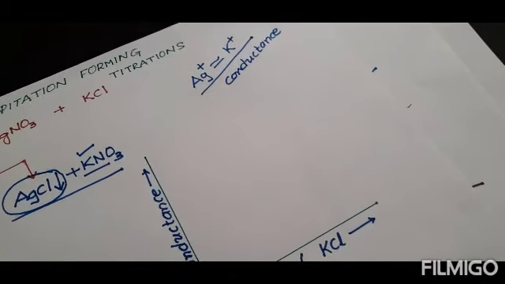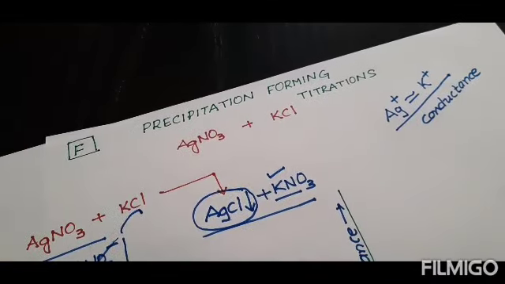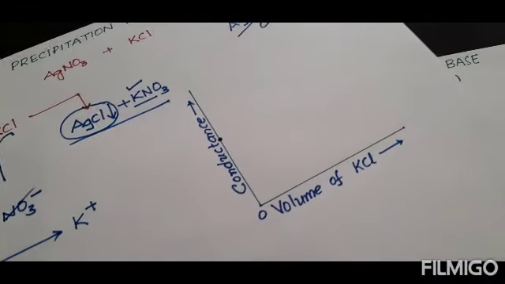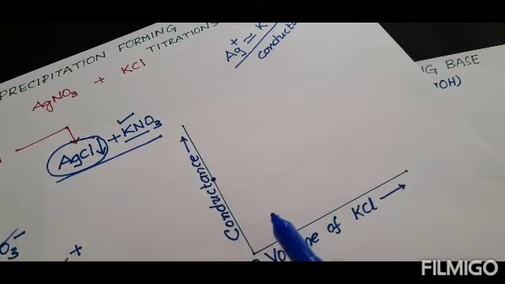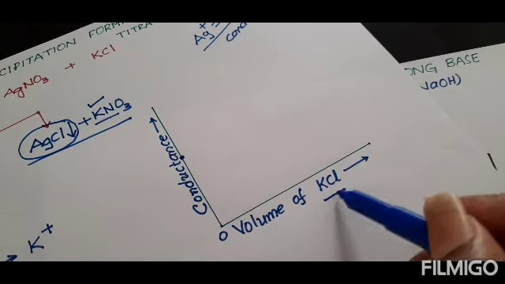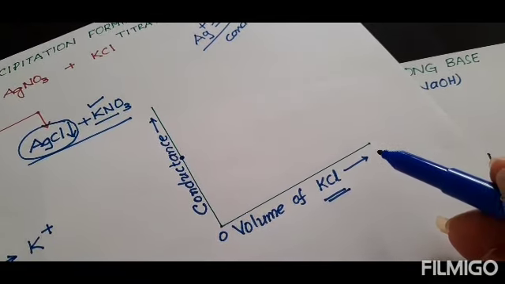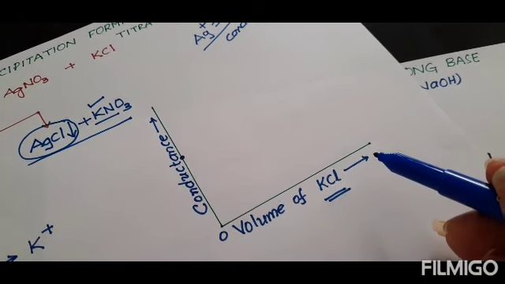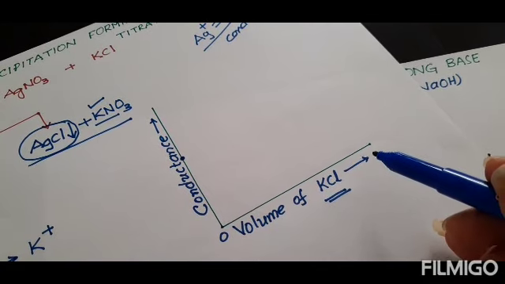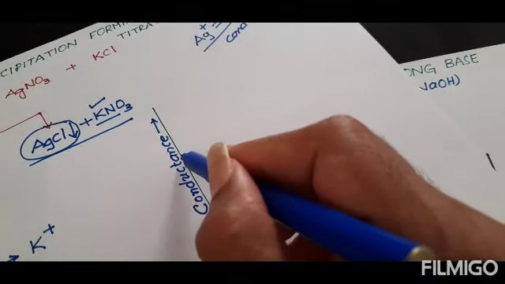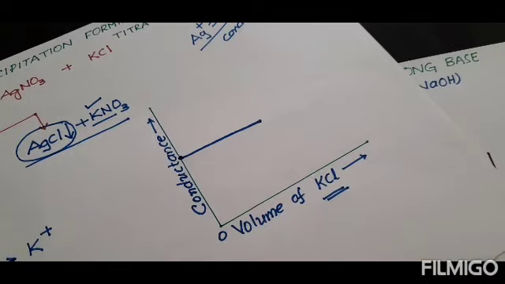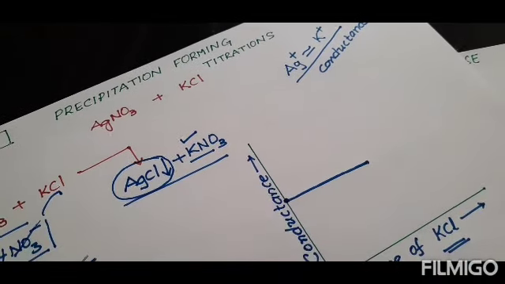Then which type of graph is represented? AgNO3 is a salt and a strong electrolyte, so it has a good conductance, right? On adding the KCl to the AgNO3, the net reaction represents Ag plus replaced by the K plus, but Ag plus and K plus have almost equal conductance, so the graph line is almost parallel to the x axis.